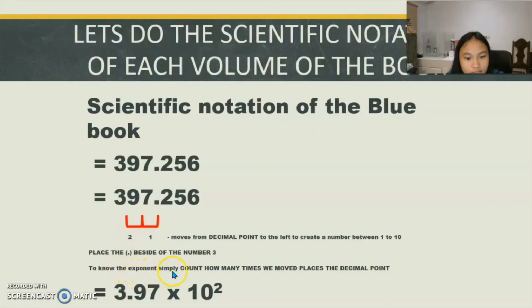To know the exponent, simply count how many times we place the decimal point. So we move 2 times. The number we're going to put at the side of the number 10 is number 2. So now the scientific notation of the blue book is now 3.97 times 10 to the power of 2. This is the same step to the pink book.